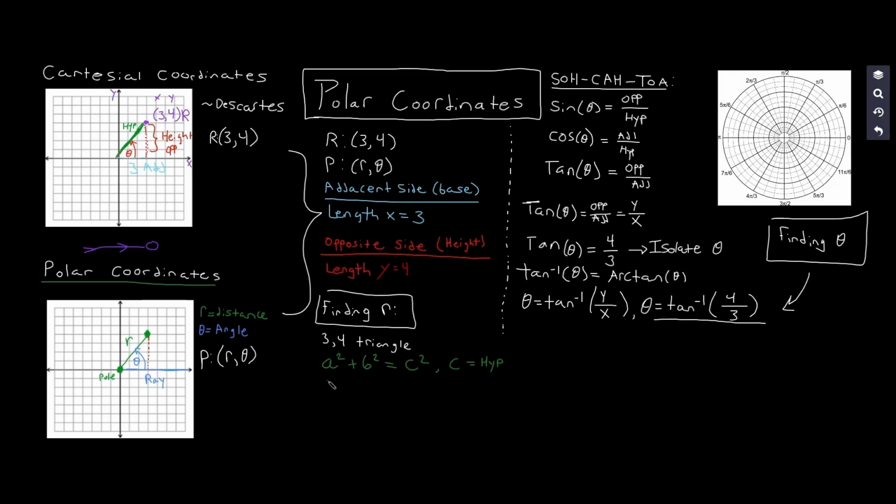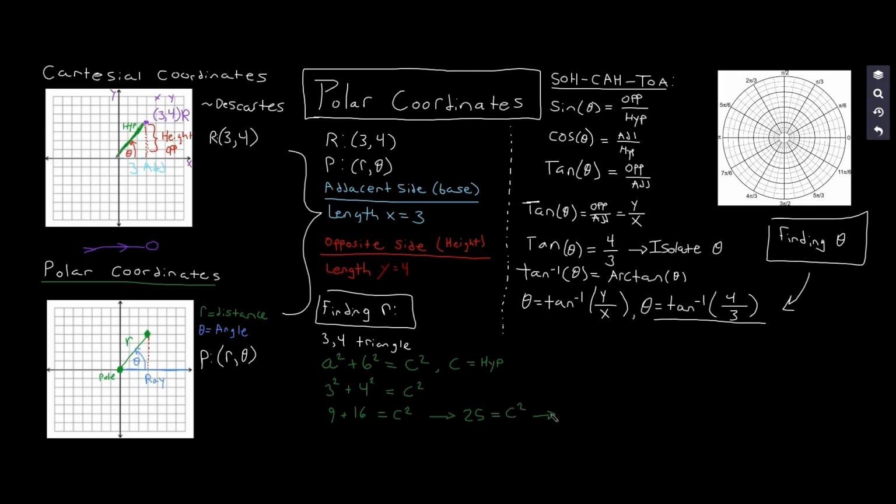So the 3 is the adjacent side, so 3 is a. The 4 is the opposite side, 4 can be b. We square them both. That equals c squared. Let's see. 3 times 3 is 9. 4 times 4 is 16. Well, 9 plus 16 is going to be 25.